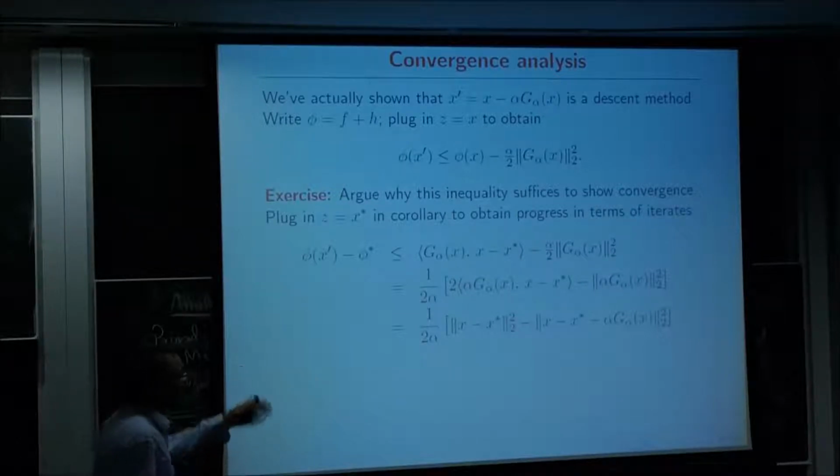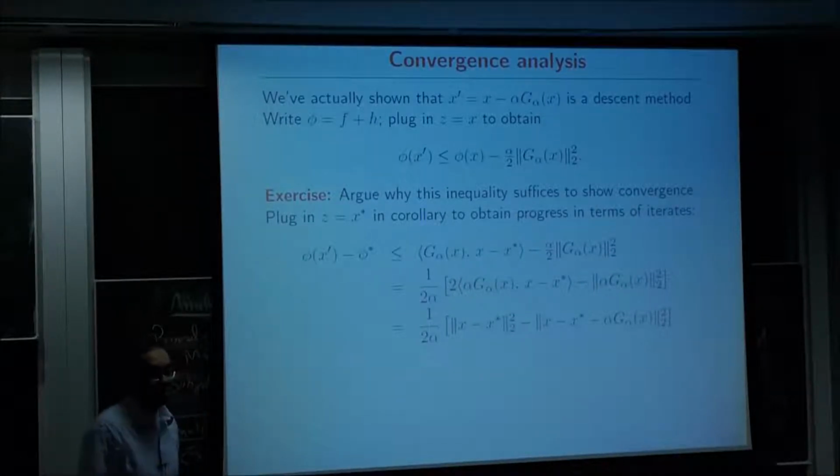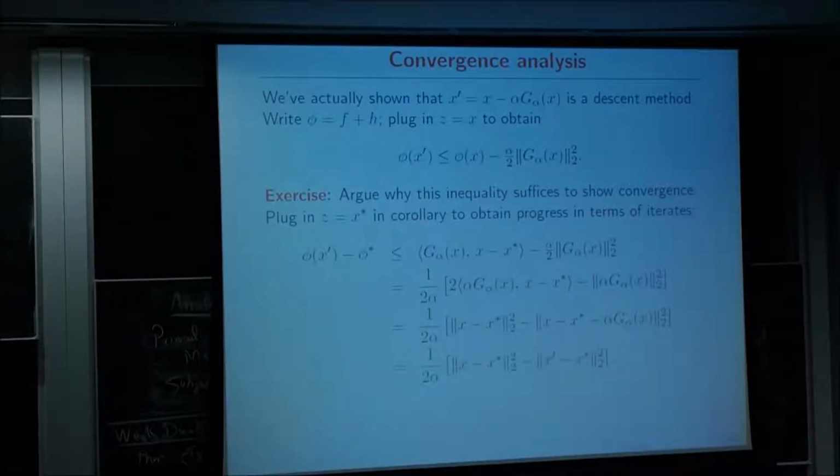I just pulled out 1/2 alpha and rearranged quantities. So it's just a rearrangement. The reason is that our iterations are using x minus alpha g alpha, so I wanted the alpha to sit together with g, that's all. And that's just a slight rearrangement.